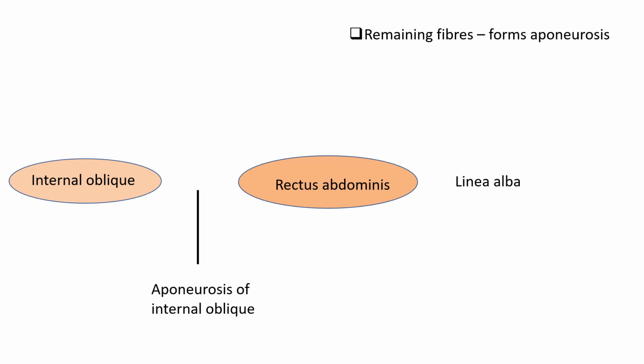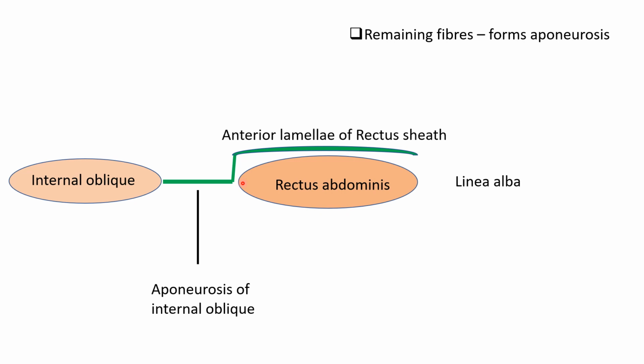But the aponeurosis of the internal oblique muscle, the way it splits, is the principle behind the formation of the linea semilunaris, or I can say it is the principle of formation of the rectus sheath. Now observe this, the internal oblique muscle is giving the aponeurosis. As this aponeurosis reaches the lateral wall of the rectus abdominis, it splits into anterior lamellae and posterior lamellae.